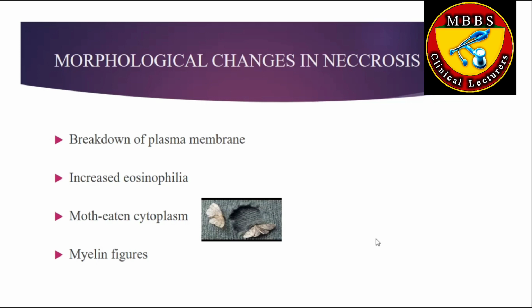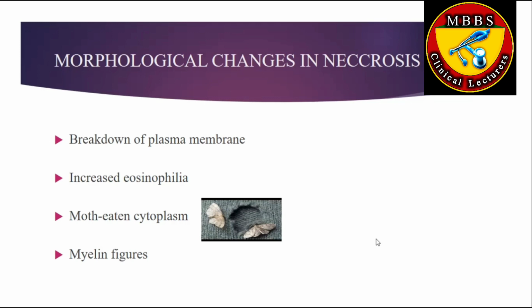So eosinophilia means the bright pink dye that stains the cytoplasm. When there is a loss of the cytoplasmic RNA which binds to the blue dye, it gives more pink color of the cytoplasm.